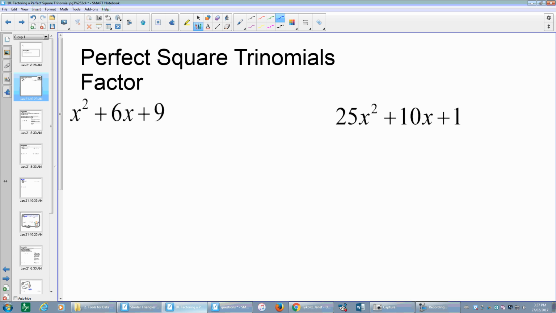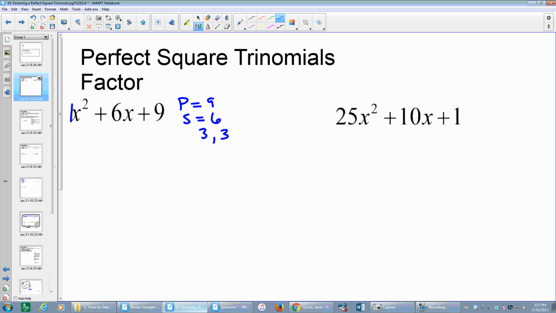So I'm going to start here with my first example. It is a simple trinomial, just to review decomposition because you can use that. I have to find two numbers that multiply to 9, 1 times 9 gives me 9, and that add to 6. Those two numbers are 3 and 3.